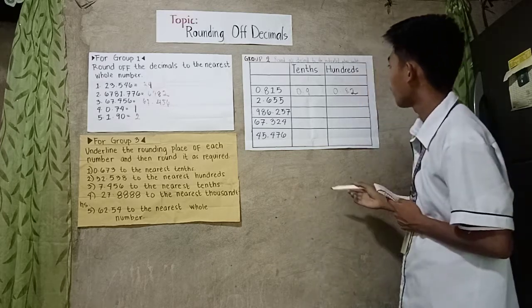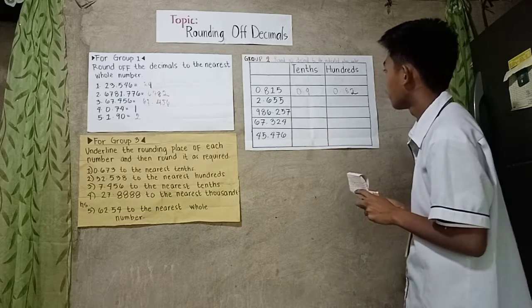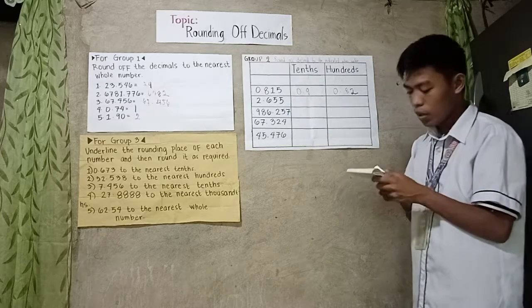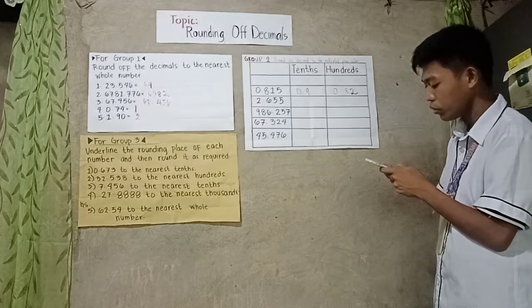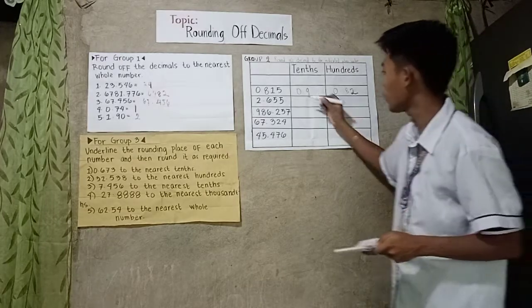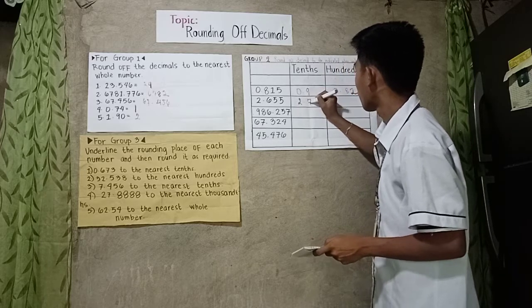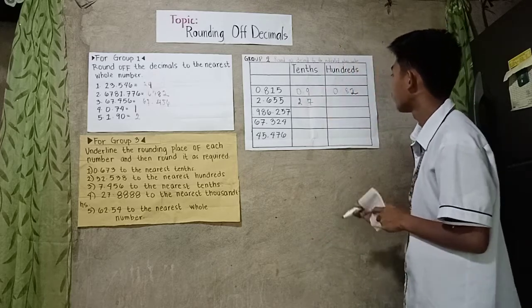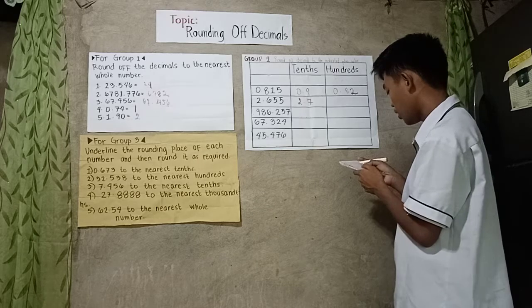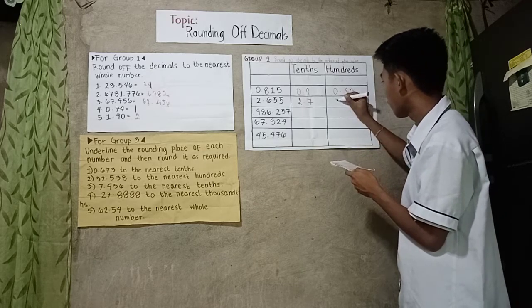Because we have here ones and tens. The second one, the answer for this is 2.7. And next is 2.67.